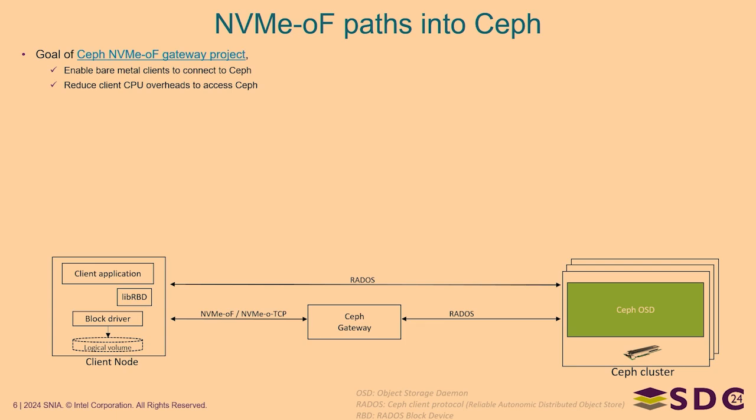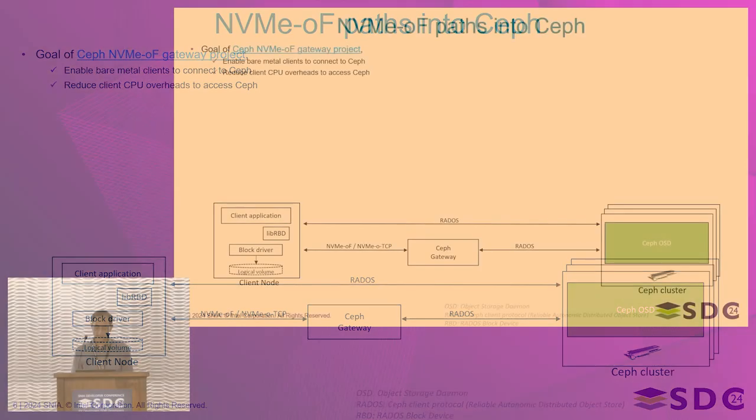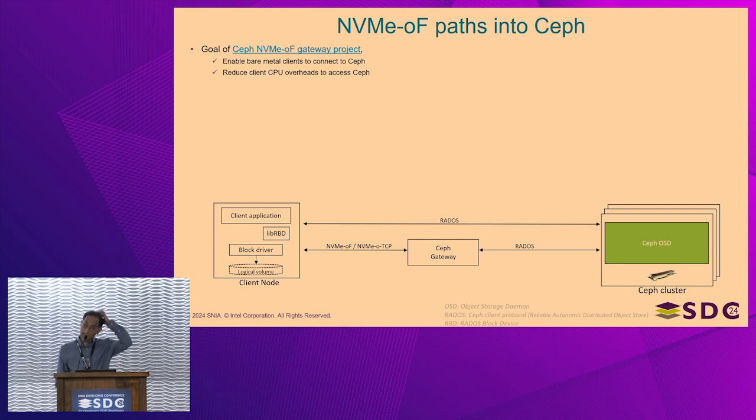So that was the goal of this gateway project. And the way they've done this is the client application can talk NVMe over Fabrics. It connects to a Ceph gateway, and that gateway does the translation to the custom Ceph protocol, i.e. Rados. The other benefit they get is it reduces the client-side CPU overheads because they don't have to run the librbd there.